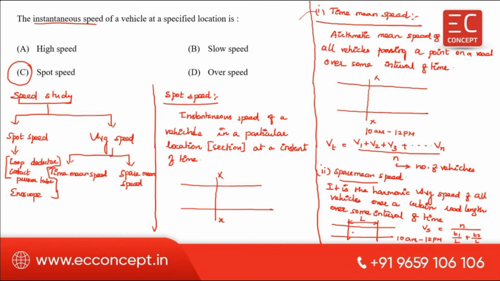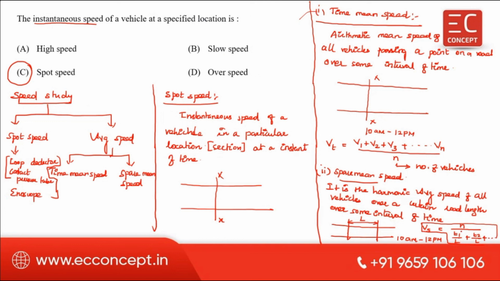L is constant, so you measure the time taken to travel from this point to this point. Once you know the time, and the length is constant, length divided by time gives the velocity of that vehicle for this stretch, plus so on. This is the way to do space mean speed.